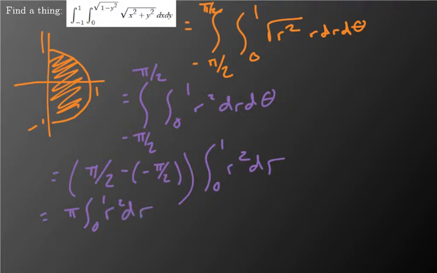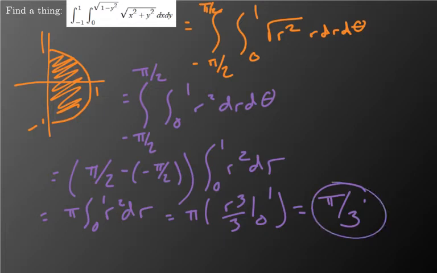And so when you do the r integral, you'll get r cubed over 3 from 0 to 1. And so you can see you get just pi over 3 on this thing. So that's a good kind of trick to do if this inner integral has no theta dependence, or it's true for dx and dy too. Like if you had a pure dx integral in here, and there was no y's up here or in here, you could do that first and then just multiply it by dy. That's a fine thing to do.